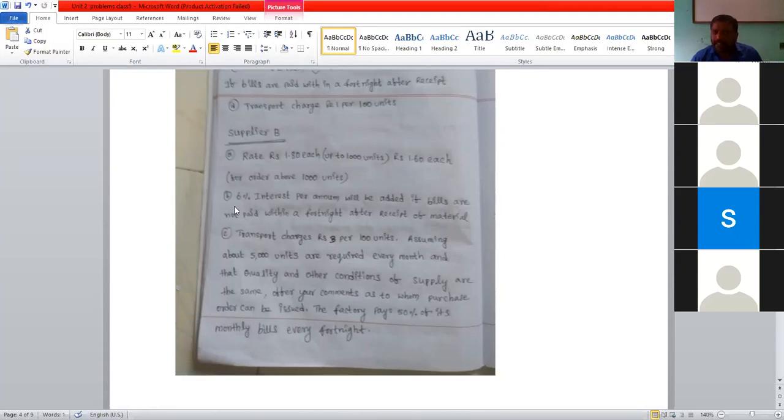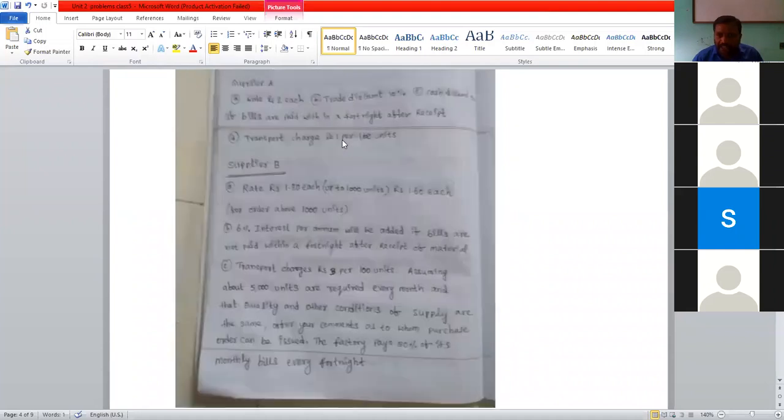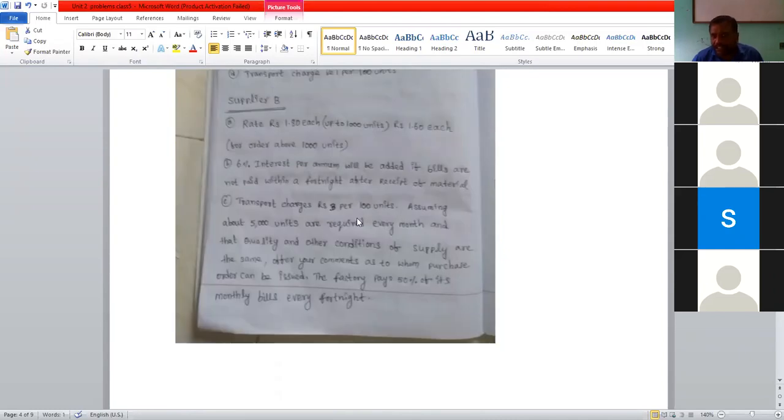And then is given the 6% interest per annum will be added if the bills are not paid. So interest, he takes 6%, a fortnight after the receipt of material. And the transport charges 3 for 100 units. When you compare with the A, the transport charges for 100 units is 1 rupee, but the B supplier for 100 units is charging 3 rupees, assuming about 5,000 units.